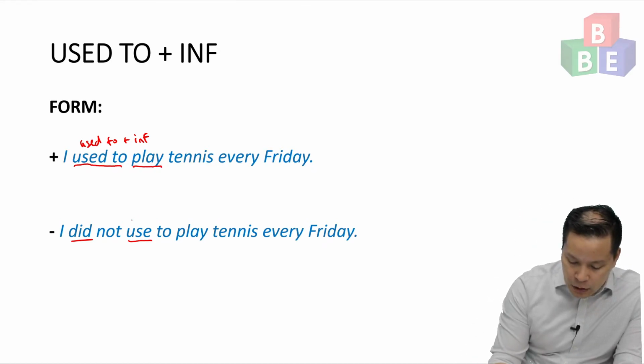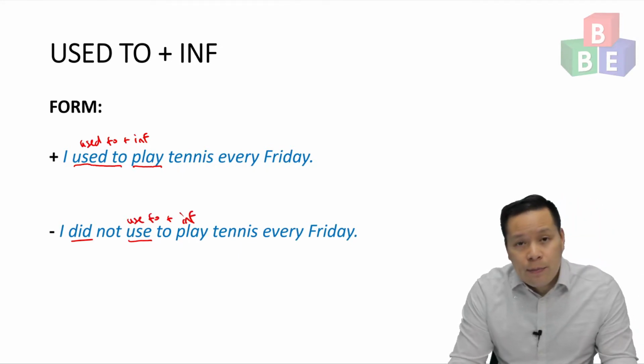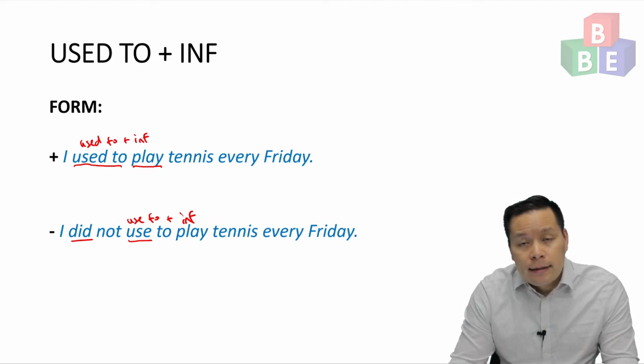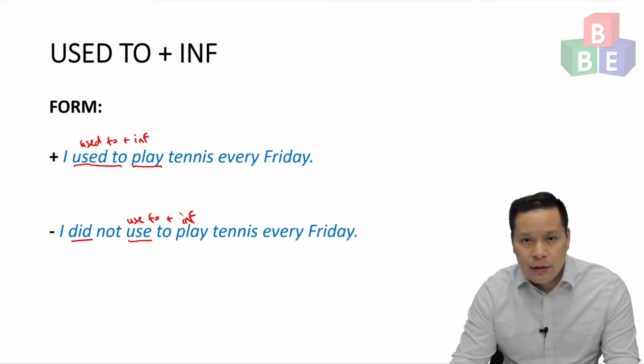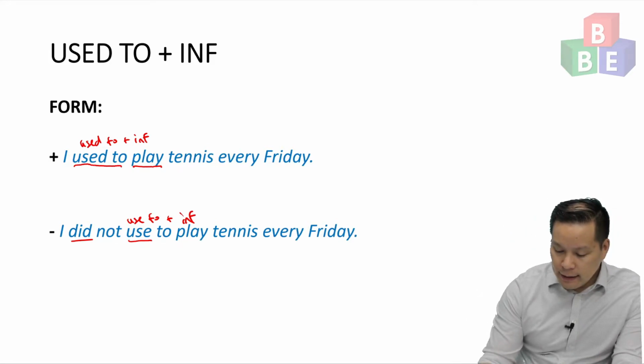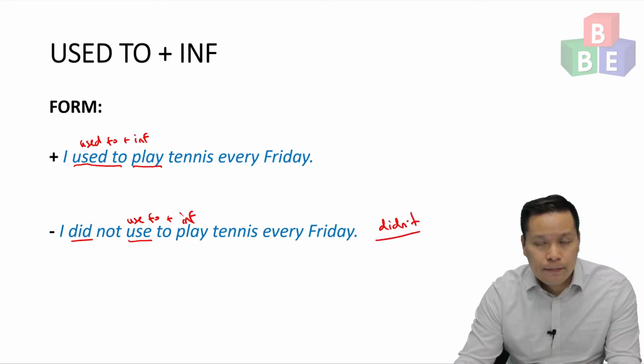We still say used to plus infinitive. With the other pronouns, I didn't used to, you didn't used to, he didn't used to, they didn't used to. Don't forget that we would use the contraction didn't for did not.